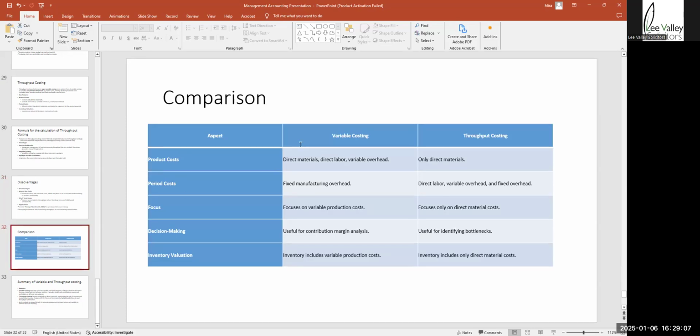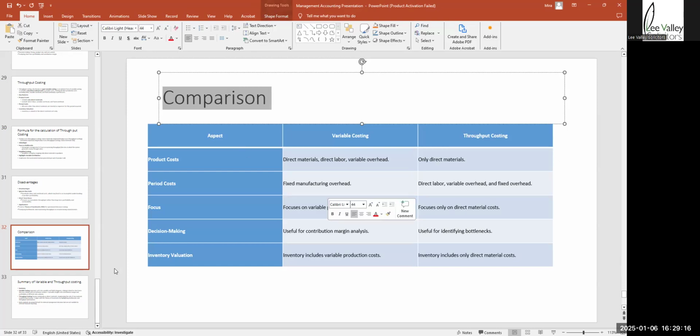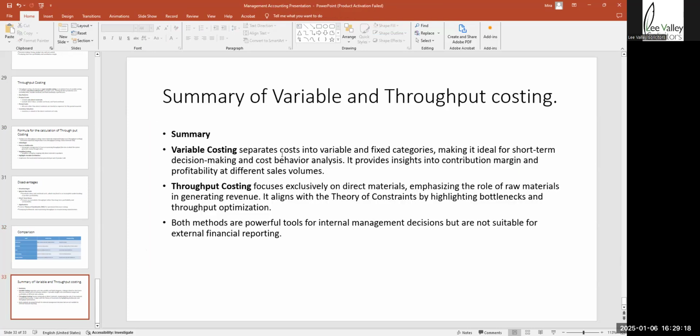Now there is comparison of variable costing and throughput costing. This is the comparison given in the table. Now moving towards the summary of variable and throughput costing. Summary is: variable costing separates cost into variable and fixed categories, making it ideal for short term.